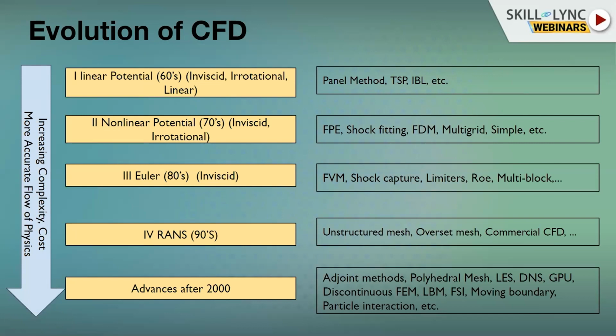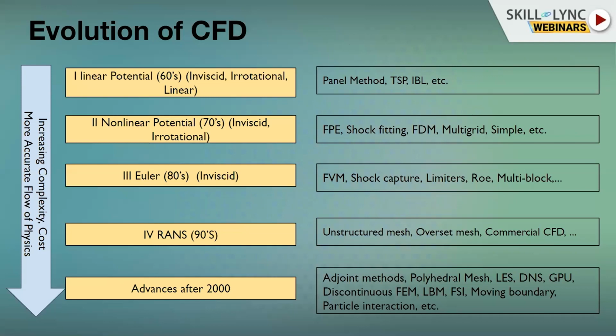Most of these methods, some of you might have heard: the source panel method or vortex panel method, and vortex lattice methods. A lot of methods are available, and transonic small perturbation equations, integral boundary layer equations. So all those were solved, coupling the panel method with the boundary layer equations. All those were used in the early 60s.